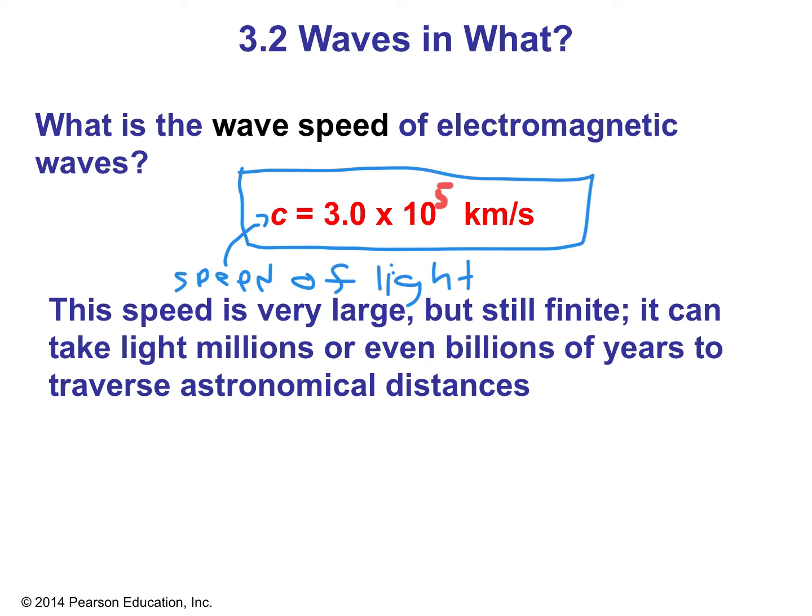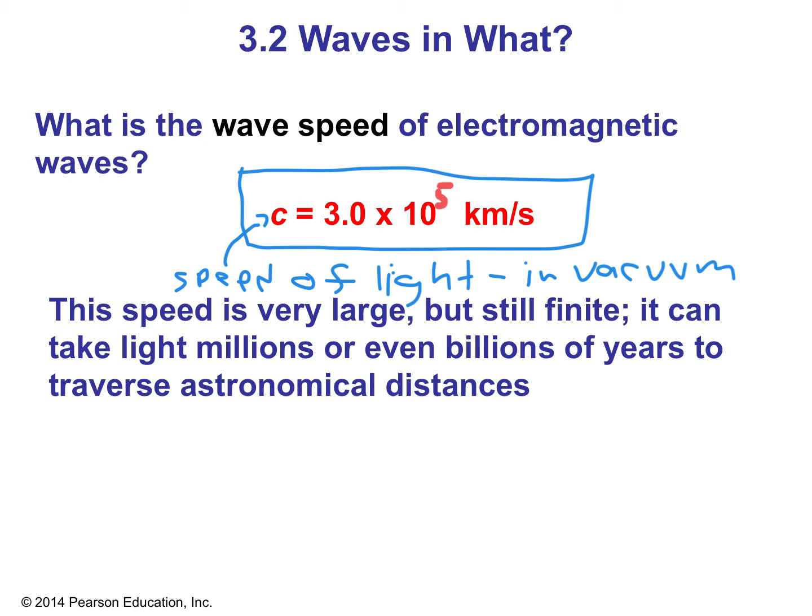So pretty darn fast. Now, I should be very careful because that's the speed of light in vacuum. If light enters into, say, a piece of glass, it actually slows down. So it's only true to say that this is the speed of light in vacuum. If light is traveling through other materials other than just moving through the vacuum of space, it can have a different speed.